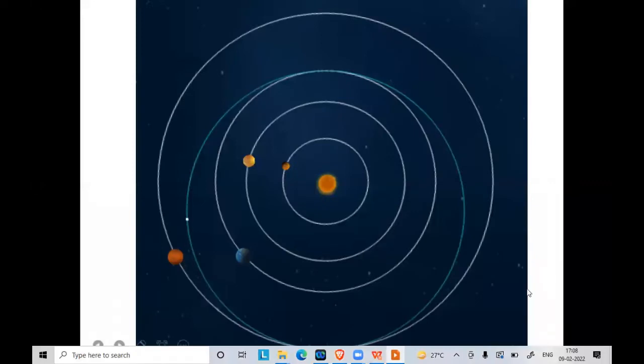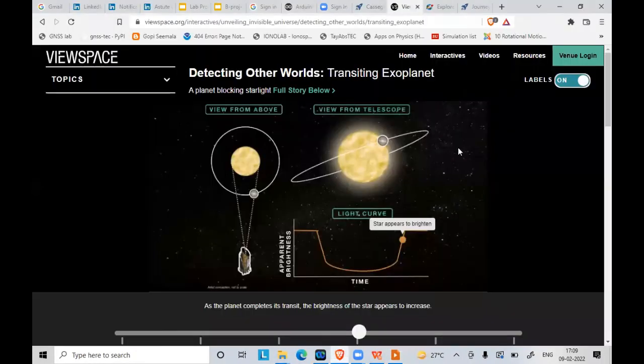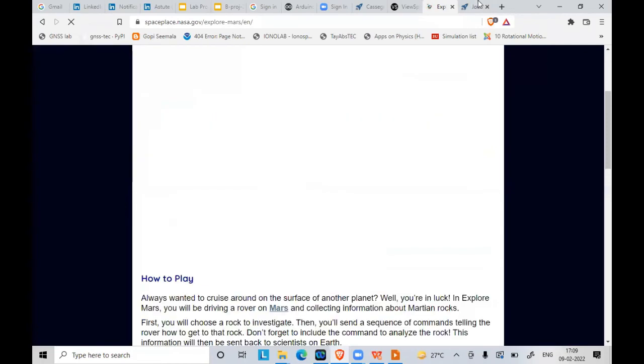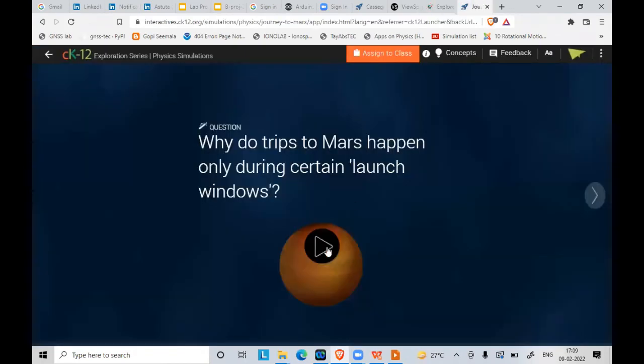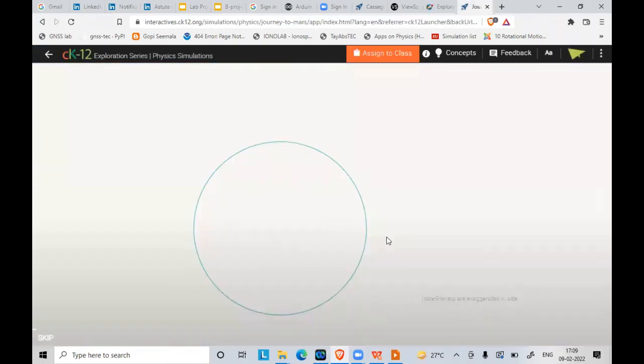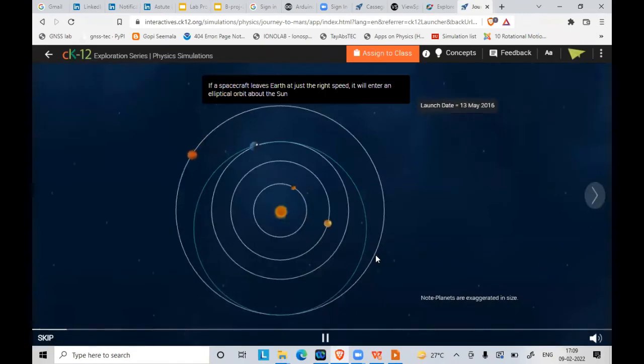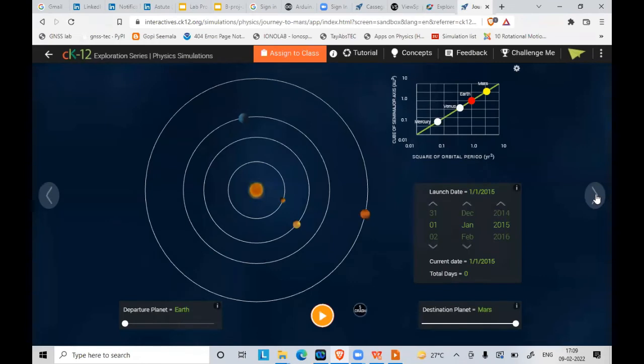So I'll go to the simulation. If the spacecraft leaves Earth at just the right speed... As you can see in the simulation, you have the inner planets, Earth, and our neighbor Mars.